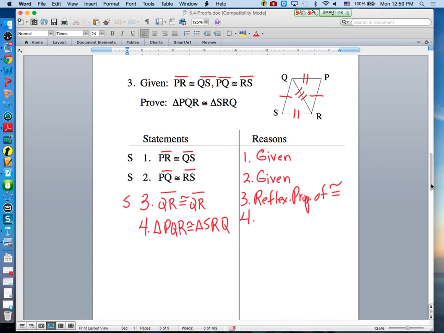Reason? Those of you that are seeing these for the first time, are they making sense? Okay, so all we're doing is writing down what we were thinking through yesterday. Okay, go to number 4.